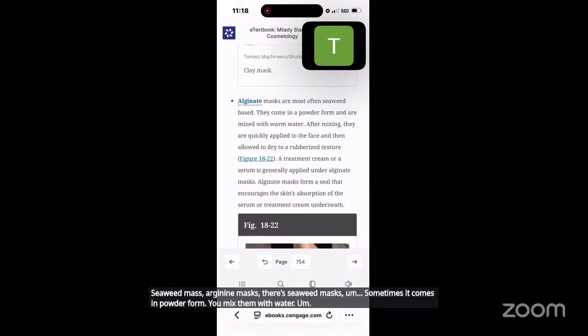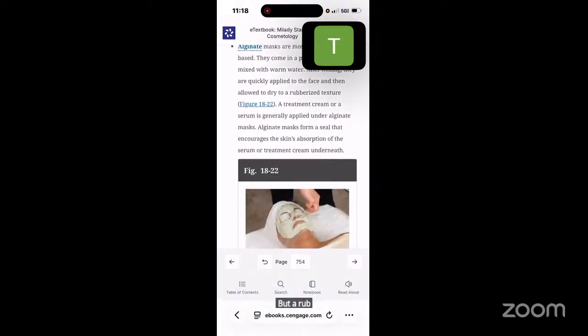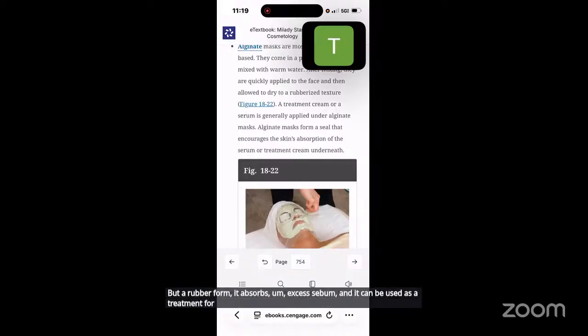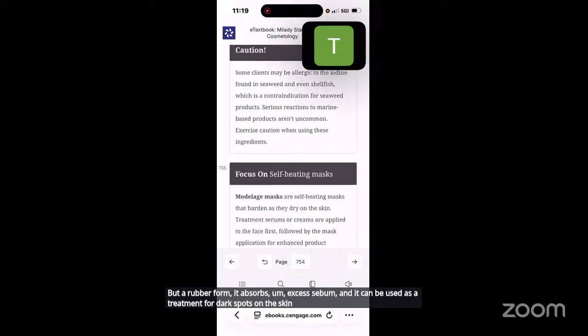It can be used as a treatment. It can be rubbery. Now, Estamax, one of the companies I've been talking about, they do have a seaweed mask as well. So it's not so much a jelly form, but a rubber form. It absorbs excess sebum and it can be used as a treatment for dark spots on the skin and anti-aging.